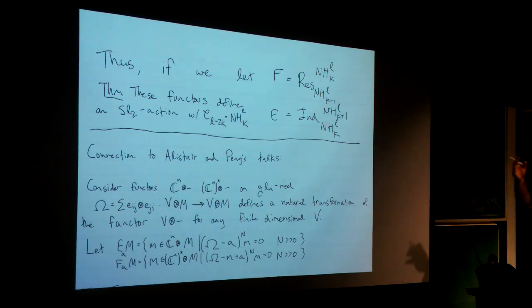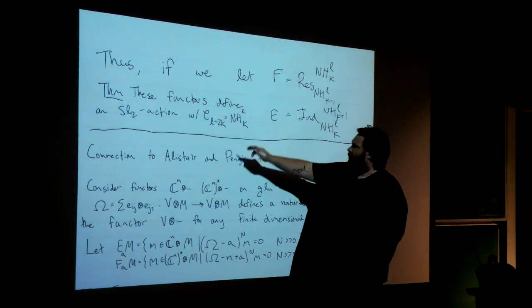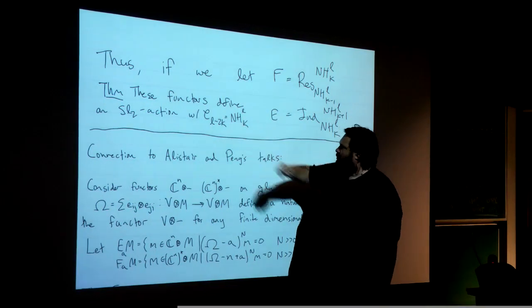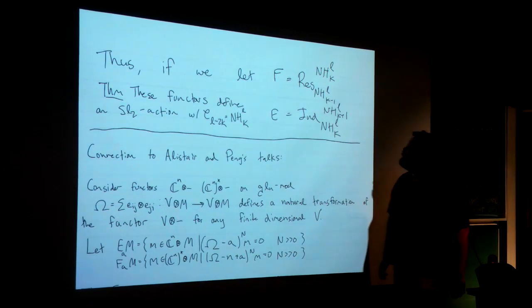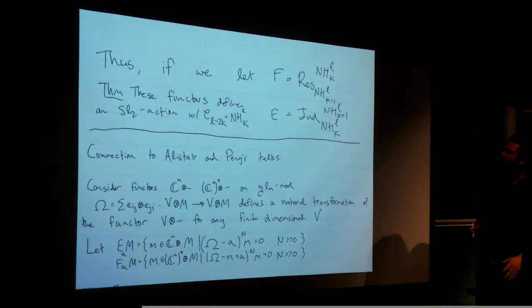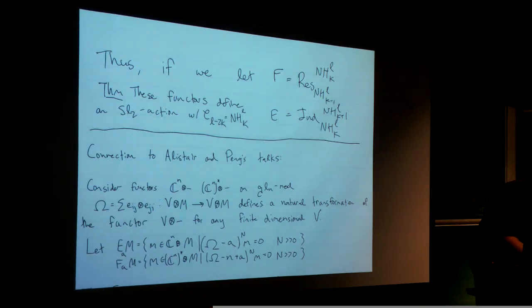Okay, so since we just transferred everything by an equivalence of categories, we find that these induction and restriction functors define an SL2 action, on this category where the L minus 2k weight space is NH_k^L. That's the quotient by Y1 to the L. And I think I reversed this.